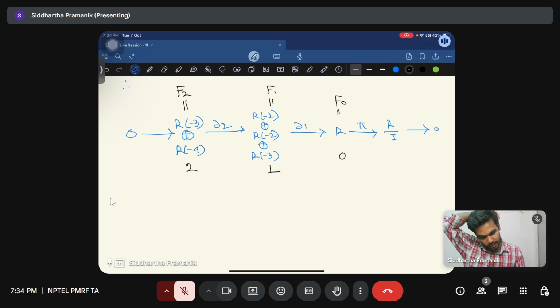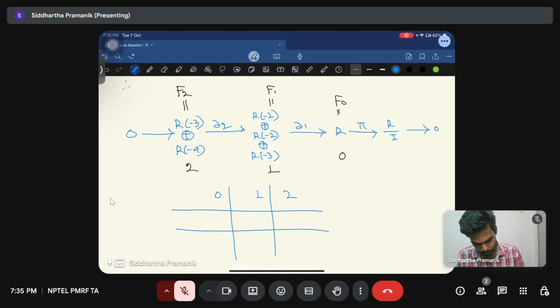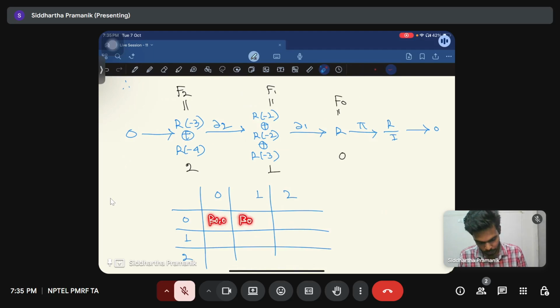So now we can write down the Betti numbers. So let's write down the Betti table itself. So 0 1 2, 0 1 2. So here we have beta 0 comma 0, beta 0 comma 1, beta 0 comma 2.